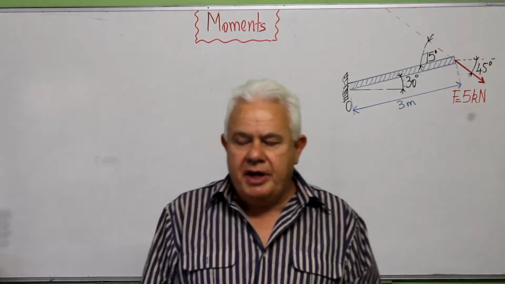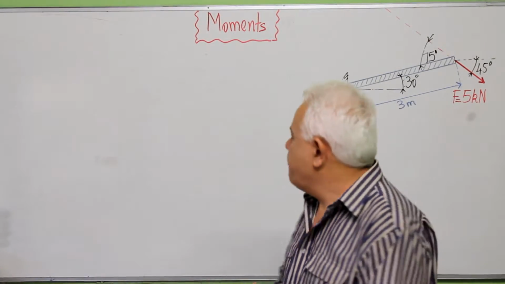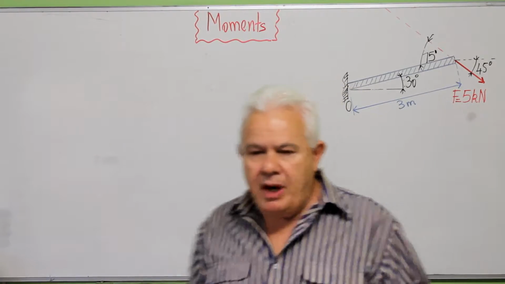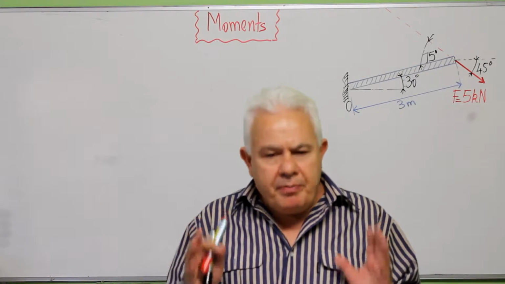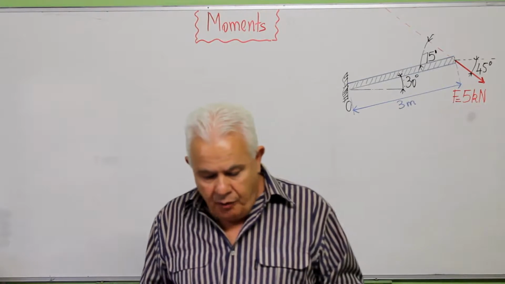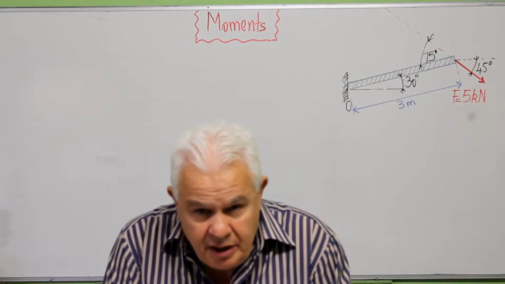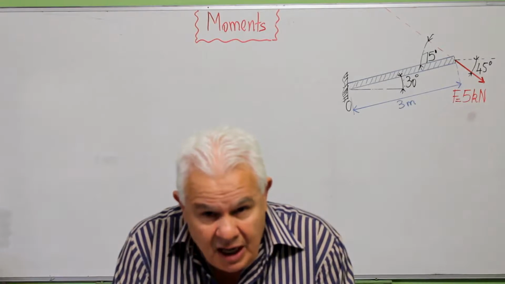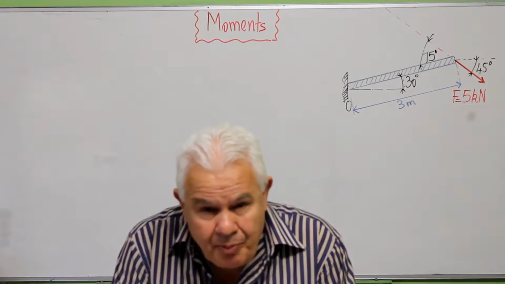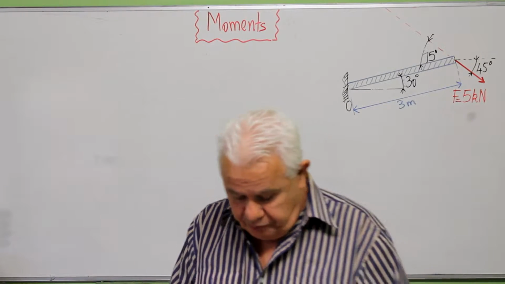So we have seen the case where the force is applied perpendicularly to the body. Now, in the case when the force is not applied at a right angle, there are 3 possibilities to solve the problem.